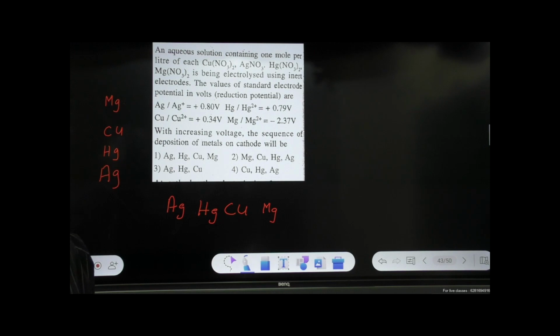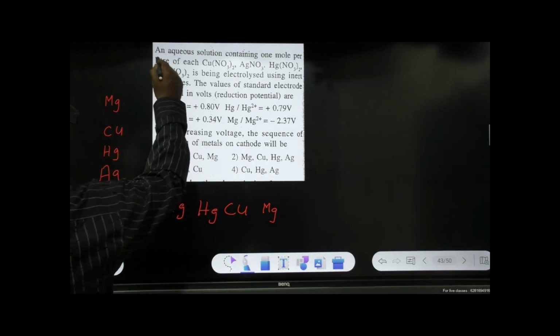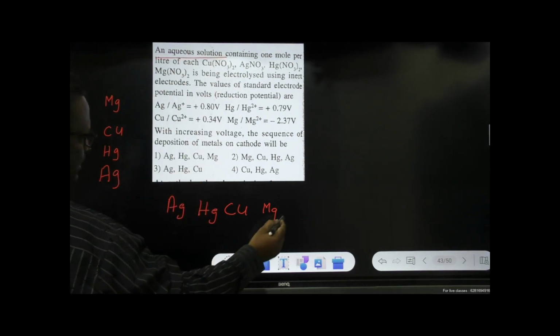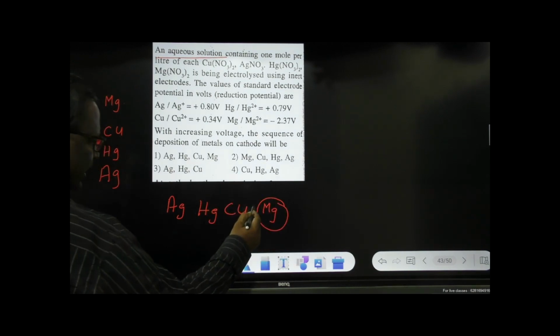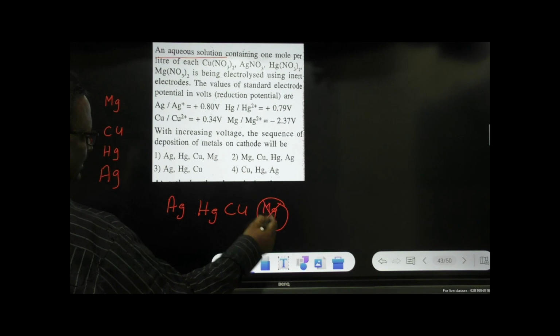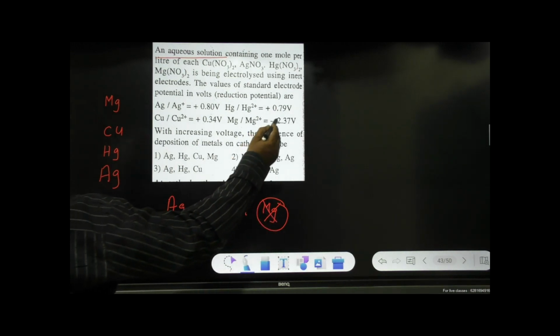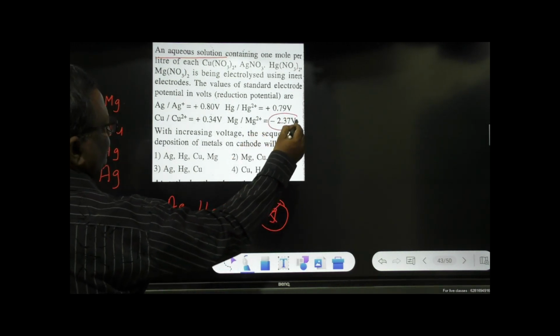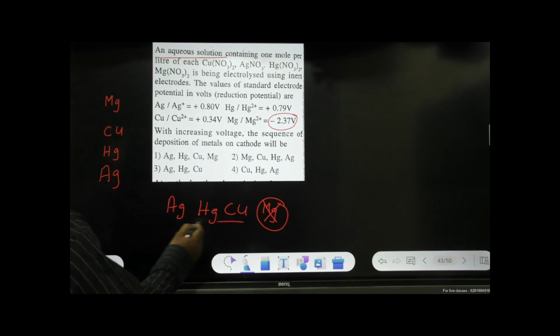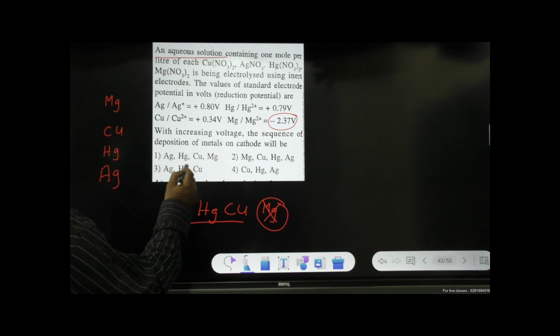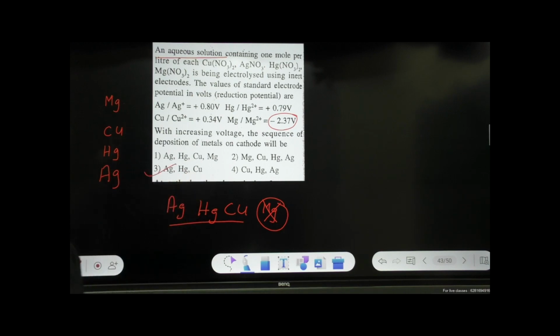But in aqueous solutions, magnesium cannot discharge, because in aqueous solutions active metals like magnesium, which have negative reduction potential, cannot discharge. Only these three will be discharged. So the sequence is, the third option is correct.